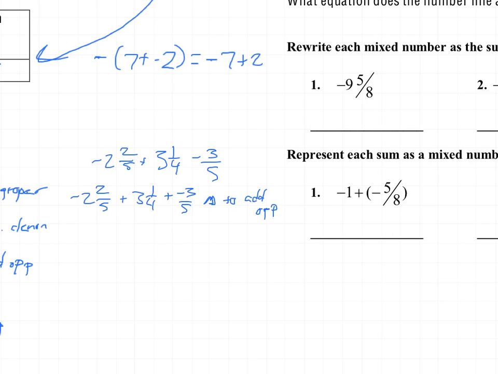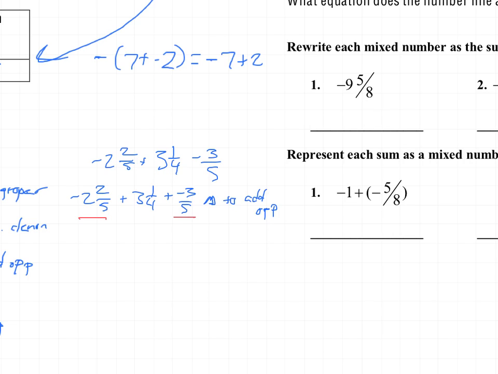The reason why this is important is because it sets me up to be able to use the commutative property. I see these two values already have common denominators, so I don't have to change everything to have common denominators first.